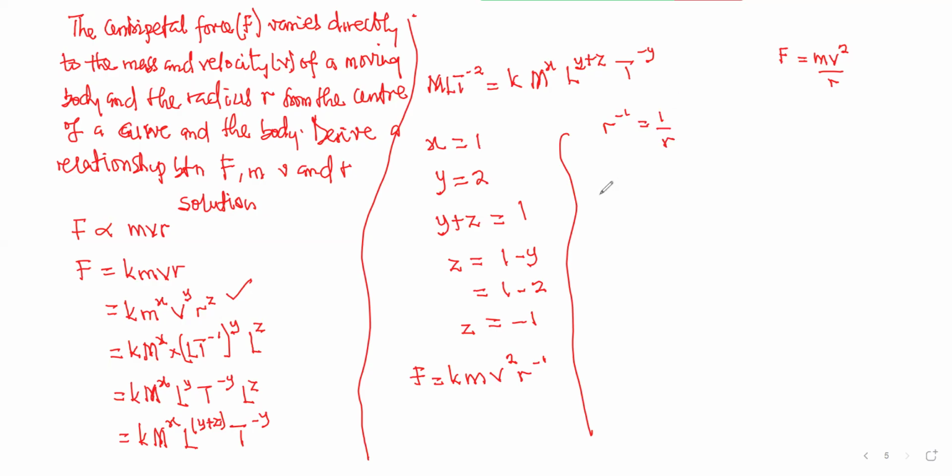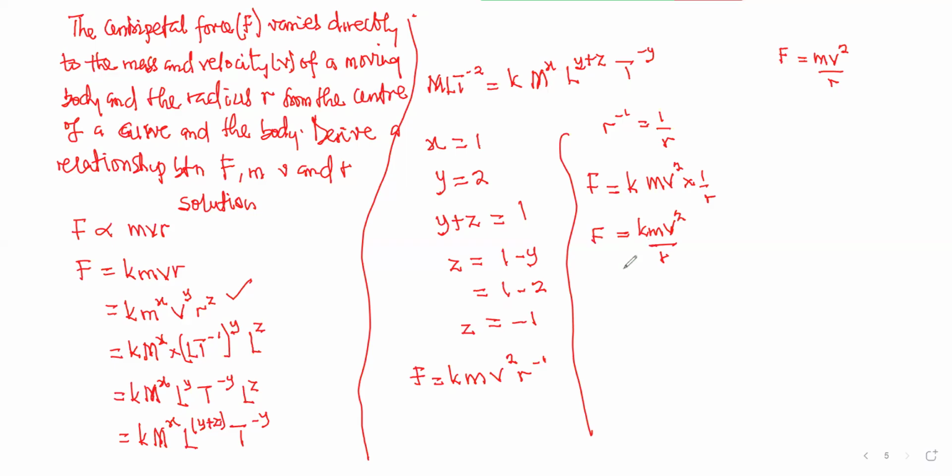Yes, sir. Good. So F would be equal to K M V squared times 1 over R, which is equal to KMV squared over R.